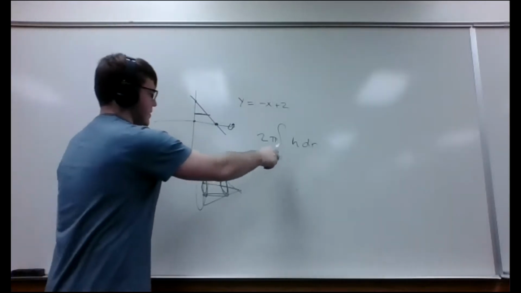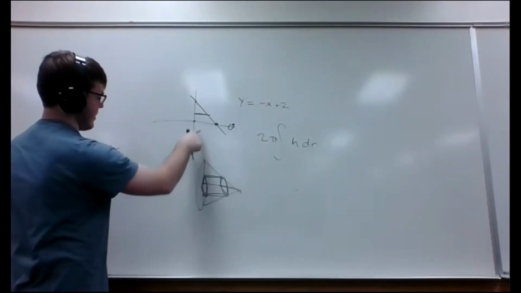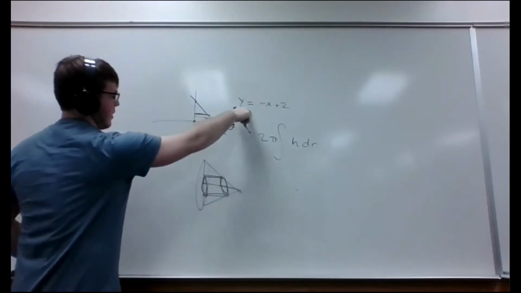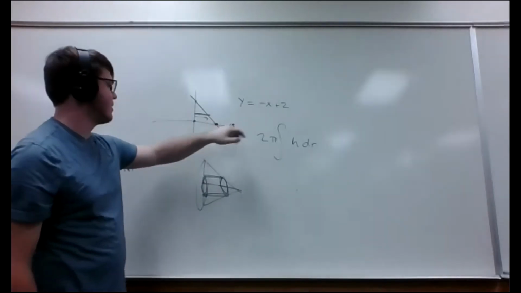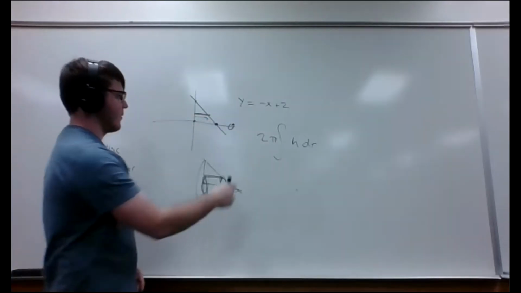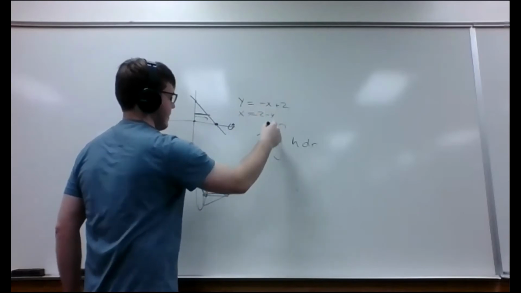So the height, if we think about the shape sideways, the height is going to be our function. But if we're rotating around the x-axis, it's a function with regards to x. So we're going to have to resolve this to our x equals 2 minus y, right?